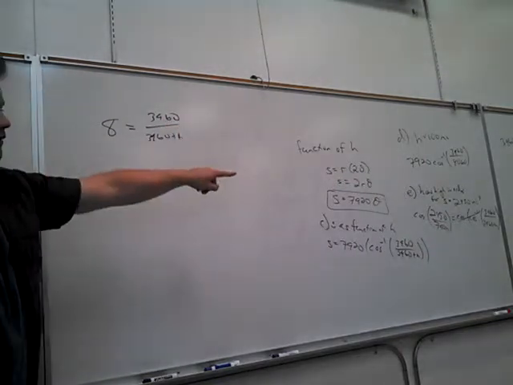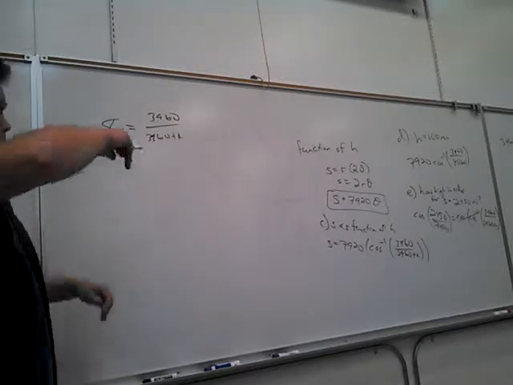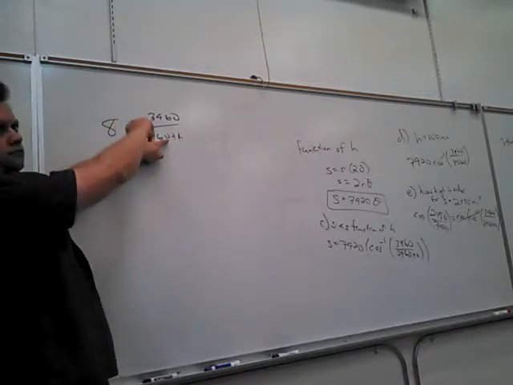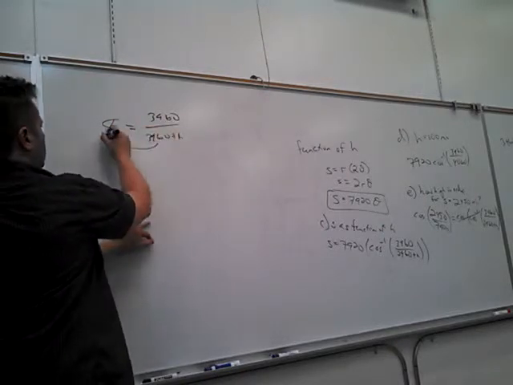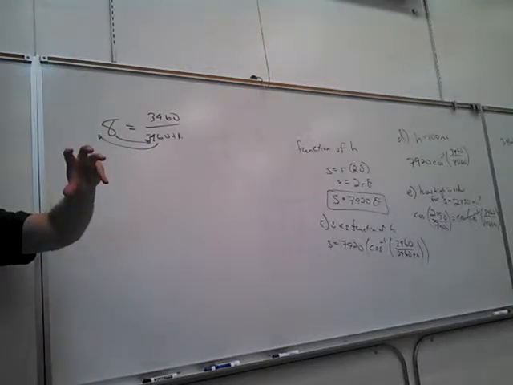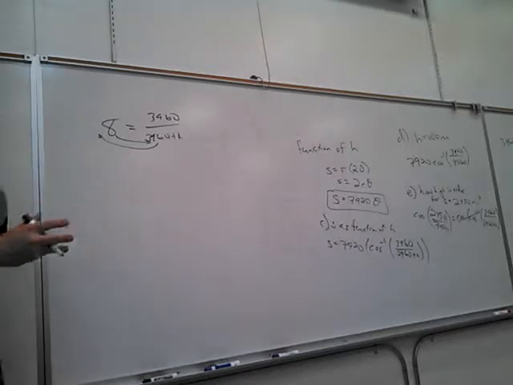It's basically the same thing we have there, just say the cosine is 8. The really cool thing I can do here is just switch those. That will always work because I multiply this up and then divide that down, so those just switch. So anytime you have a variable stuck at the bottom, you get that fraction by itself and then you just swap it with the other side.